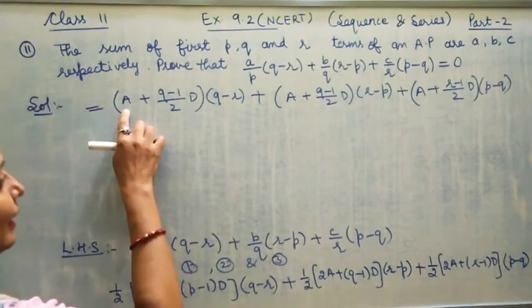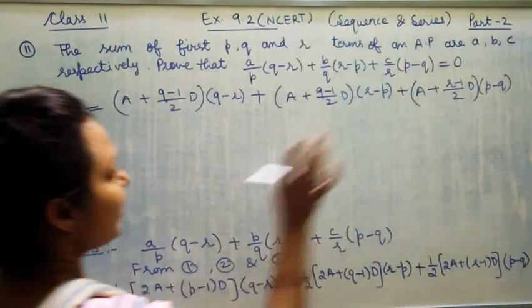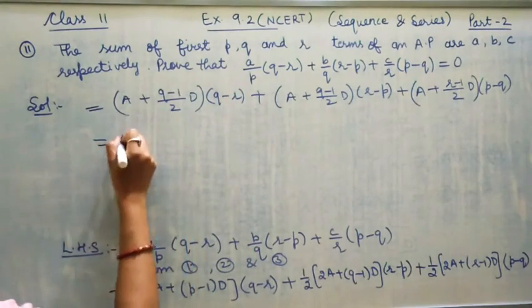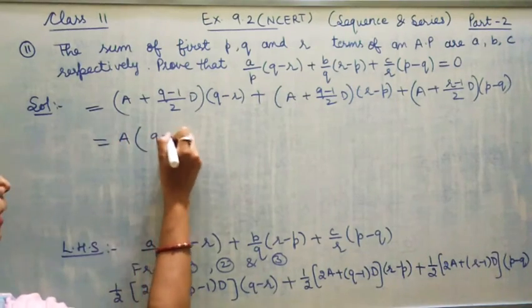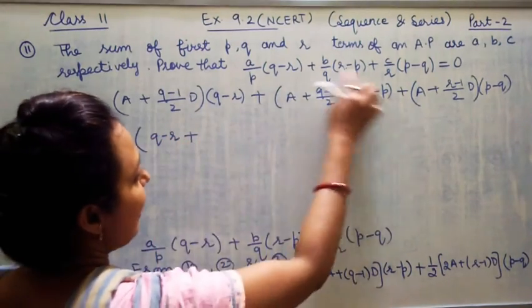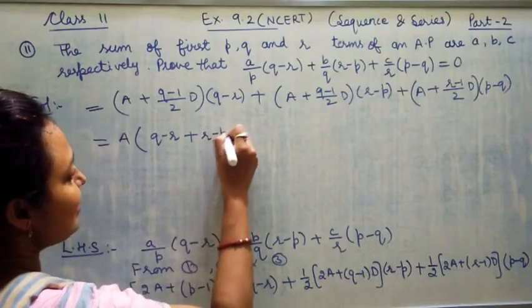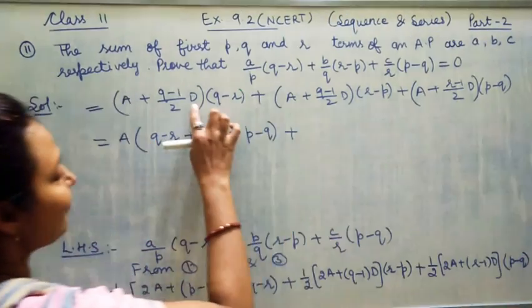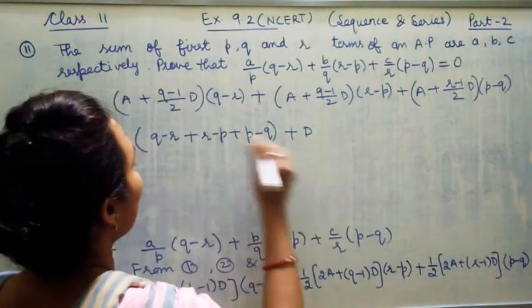Now I will take a and a. In the 3 terms we have a, and when you multiply it with this we get (q minus r) plus (r minus p) plus (p minus q). Okay, plus I will take d common and half.